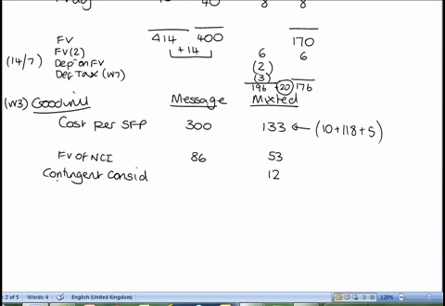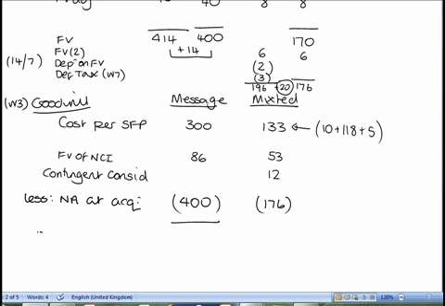So in terms of calculating goodwill, we take away the net assets at acquisition. So that's going to be 400 for message and 176 for mixed. So we end up with a goodwill figure of minus 14 for message and plus 21 for mixed.